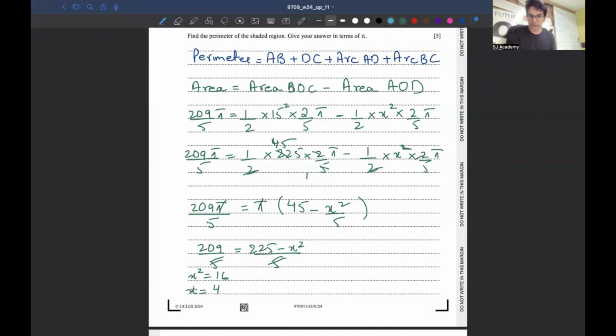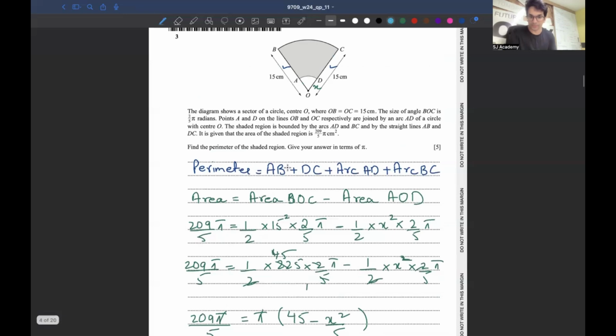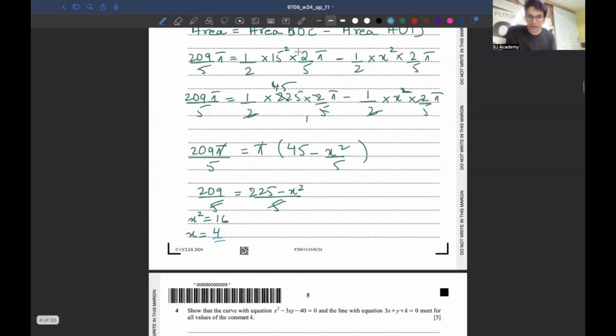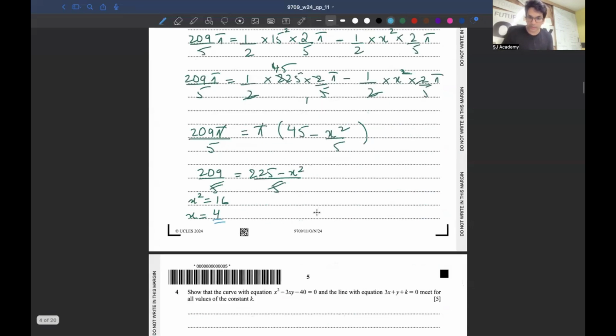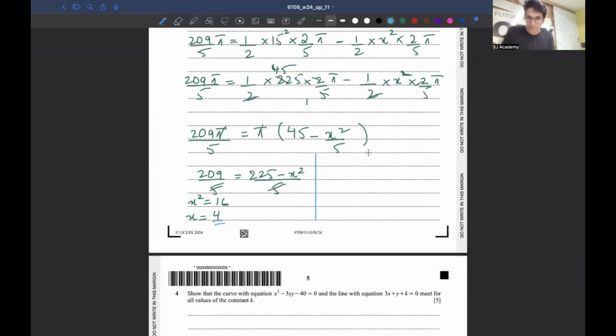Now, once we have this length, which is the length of OA or OD, we can easily find the arc length AD. The arc length is given by the formula S = rθ. The radius is now 4, and the angle is 2/5 π.